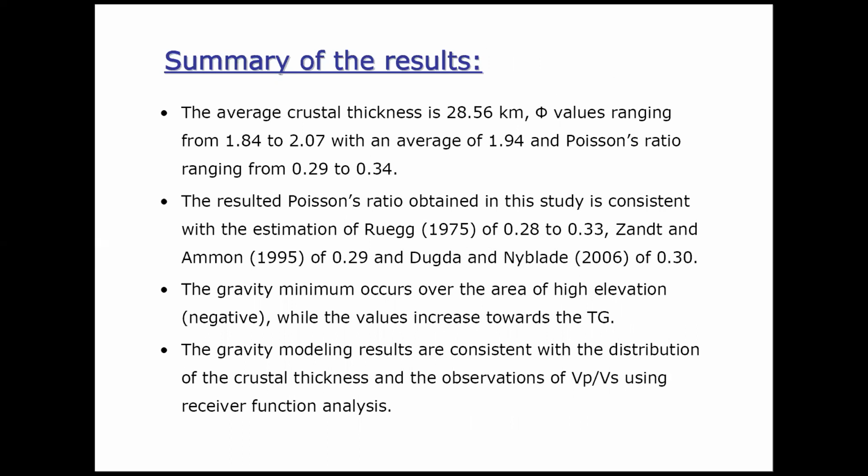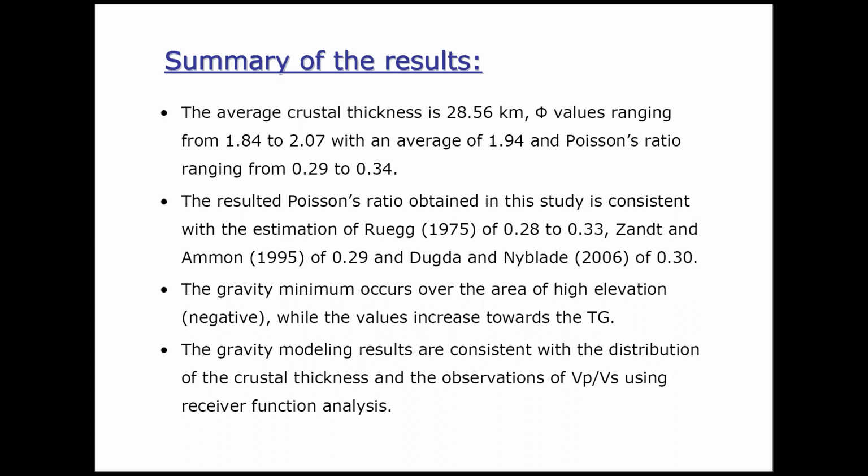The Poisson's ratio obtained in this study is consistent with the estimates of Rogers in 1975 of 0.28 to 0.33, Zanettin and Ammon in 1995 of 0.29, and Dugda and Nyblade in 2006 of 0.30.